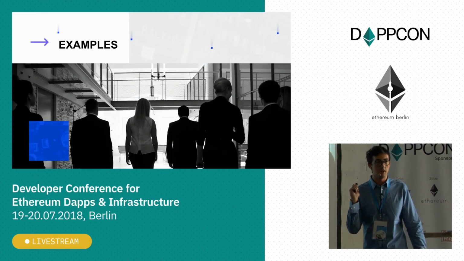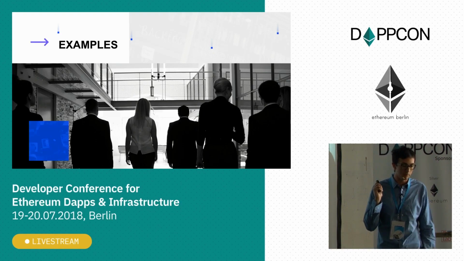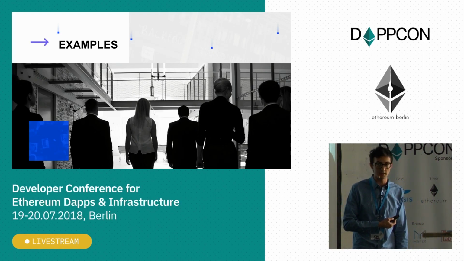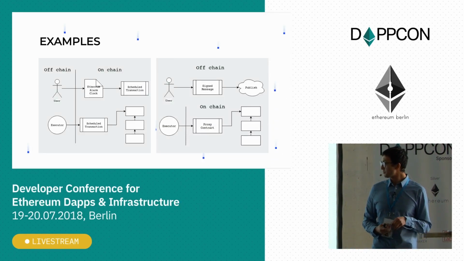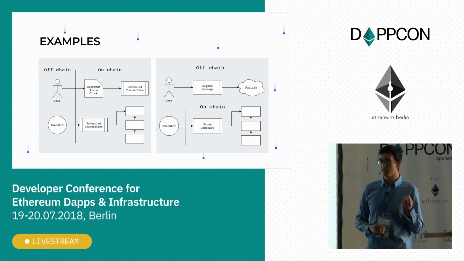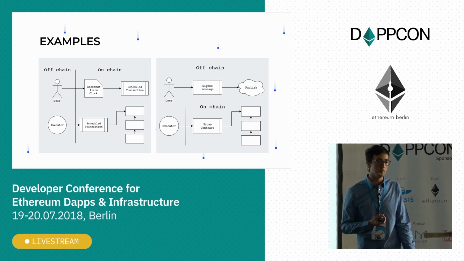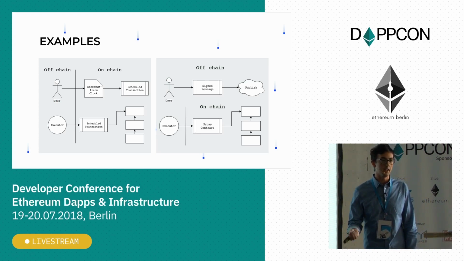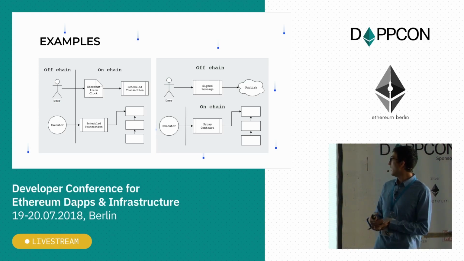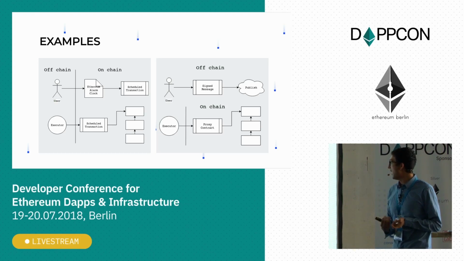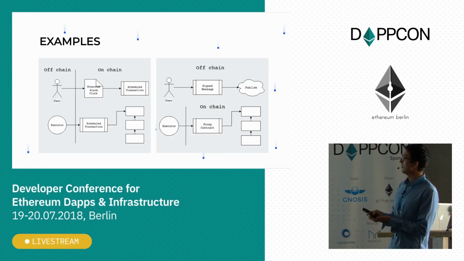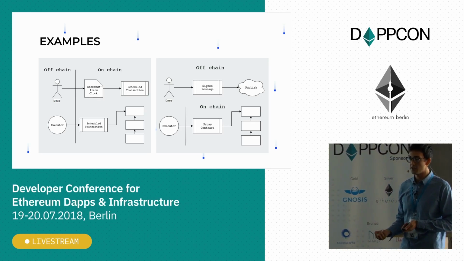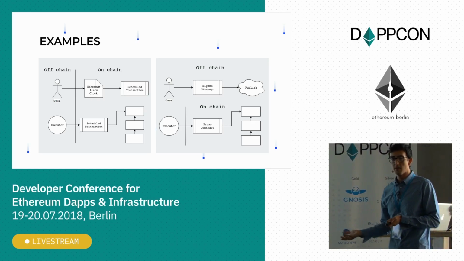I'll go into some more examples with what we're working on at ChronoLogic, specifically with the schedulers. On the left here, I have the way the Ethereum Alarm Clock works, which is by having this delegated transaction on chain, and on the right, I show how it looks when it's off chain. When a user uses the Ethereum Alarm Clock, they send a transaction to the smart contracts.